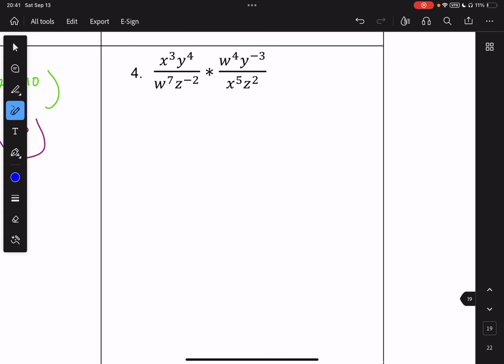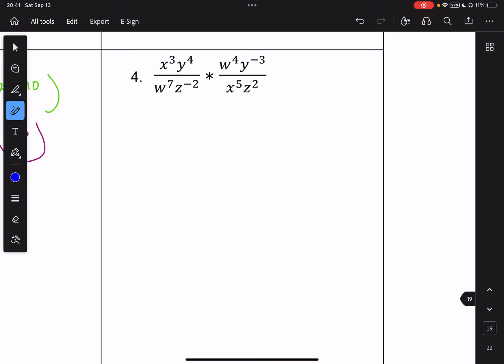The last one. It's a lot, but once we combine the numbers, it isn't too much. So what this looks like is, let's start with our x's. So we have an x here, and we have an x here.